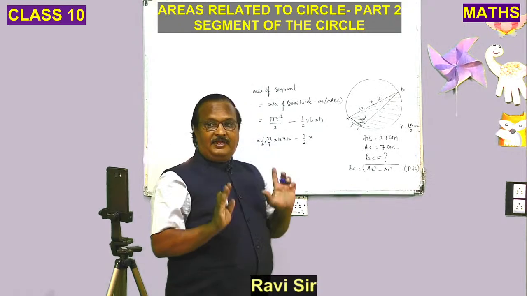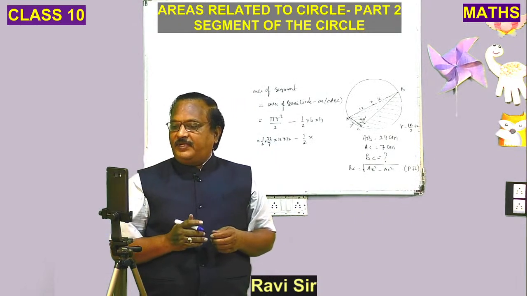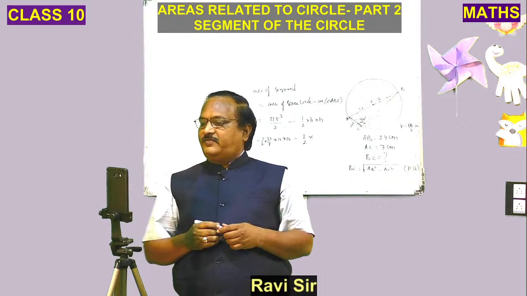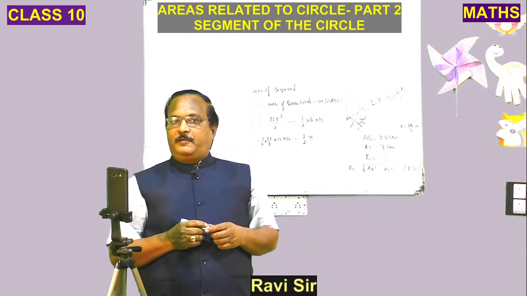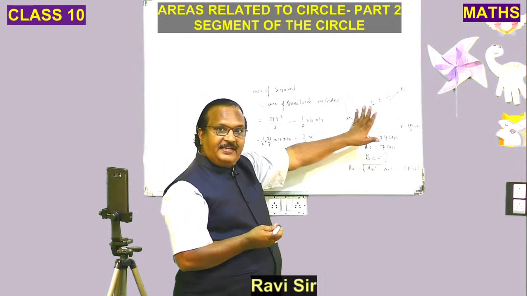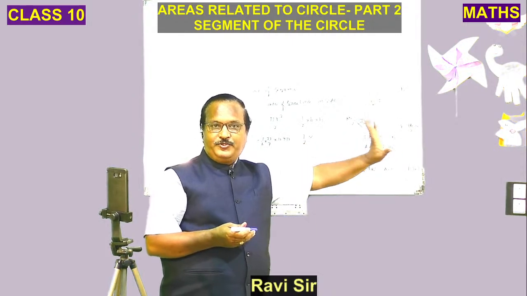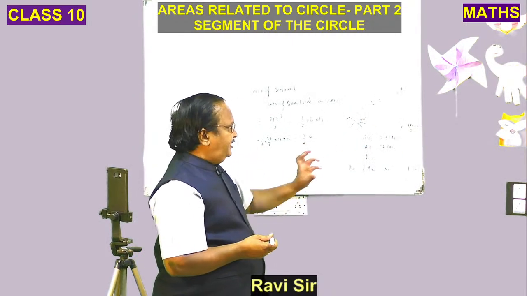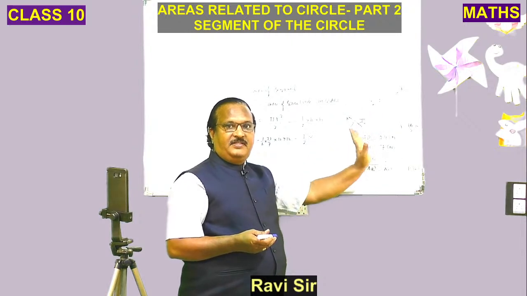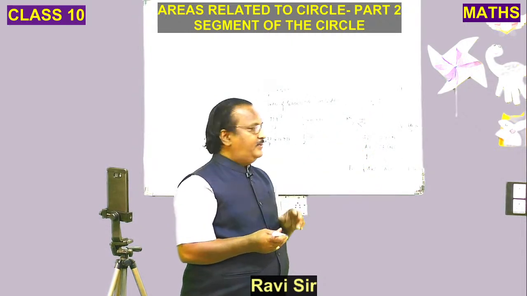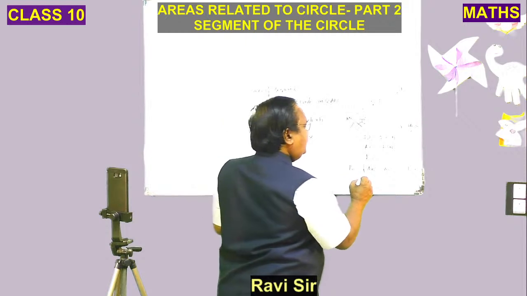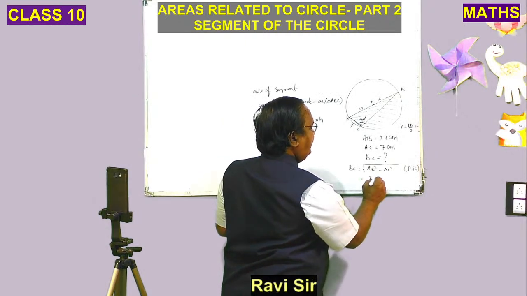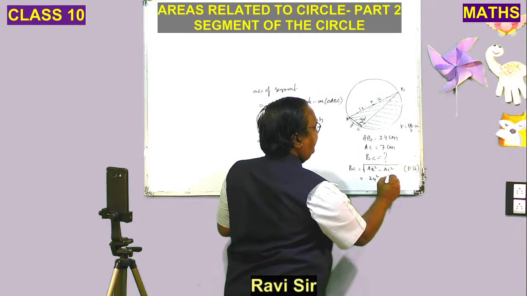Okay. Ultimately, you should be able to find out. Yes, sir. Very good. Ultimately, you have to find out the area of the triangle. That's what I said. You should be very comfortable to find out the area of the triangle and area of the sector. Okay. So now AB is 24 square minus 7 square.